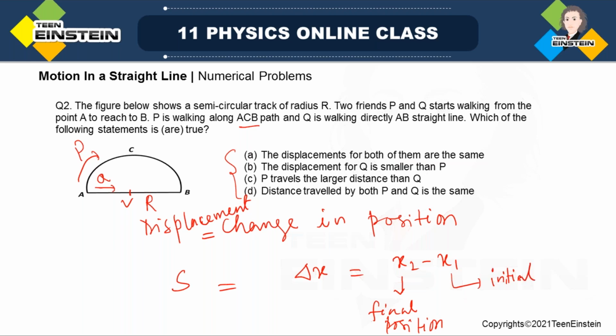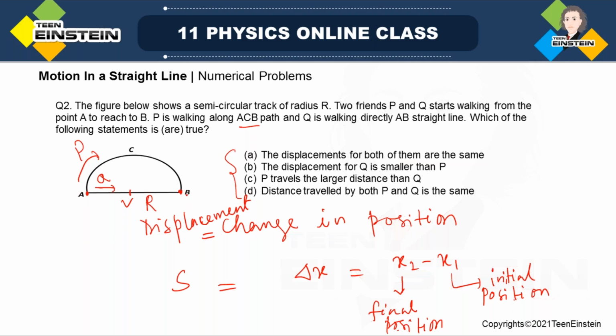Now can you answer whether their displacement is same or different? They both start from A. Both of them are starting from A. Okay, so initial position is same, right? So this much clue I can give you. Both of them are going to B. So that means the final position is same for both of them.